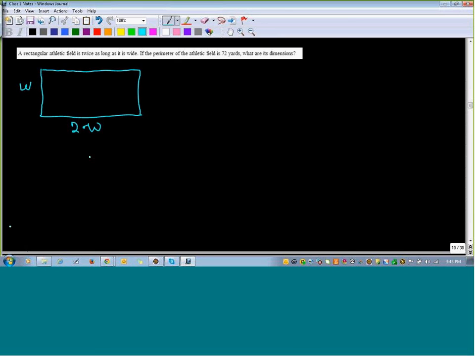Now, that gives you 6W equals 72. I need to also find the length. So 72 over 6 is 12.